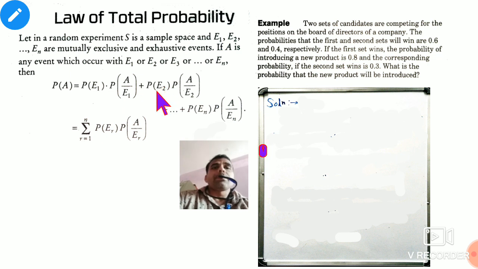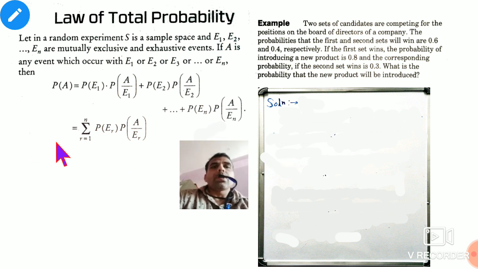So plus probability of E2 times the conditional probability of A upon E2, and so on up to probability of En times P of A upon En.